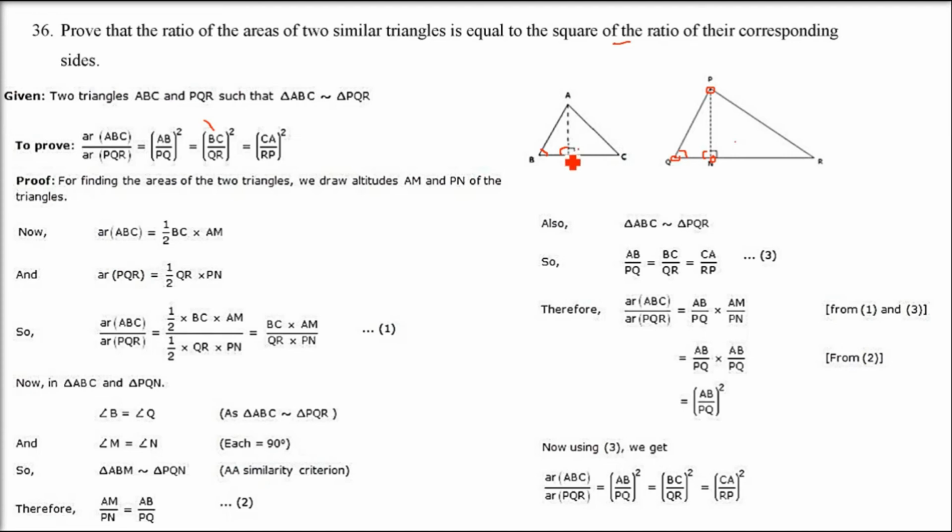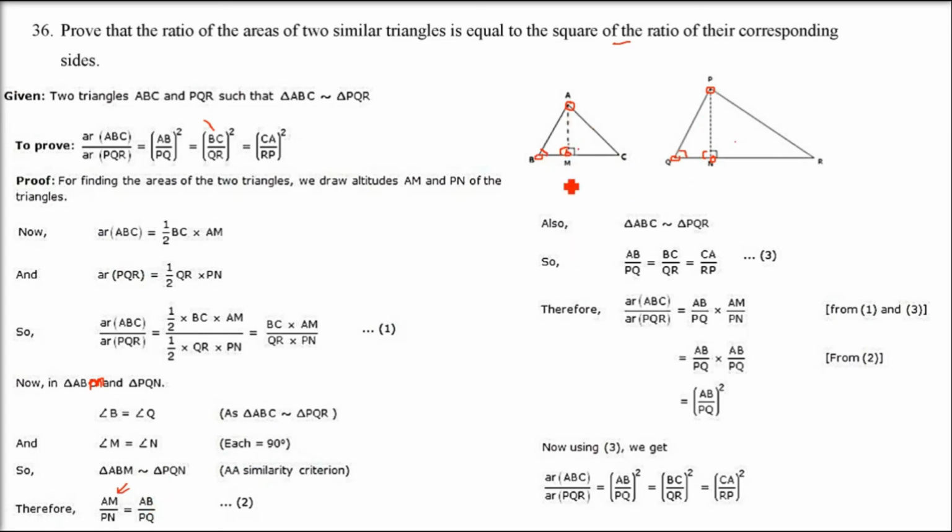Since they are 90 degrees and one more angle is equal, B and Q, the angle similarity criterion is fulfilled. So now you can take the ratio of the sides. Let me go through it one more time. We are taking ABM and PQN and we proved them similar, and because two angles are equal, we can make the ratio of the sides.